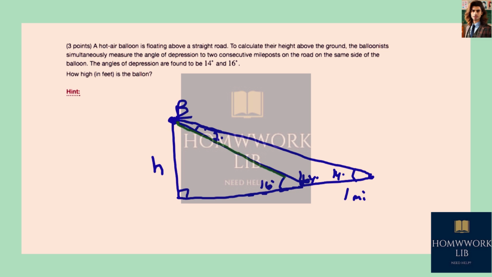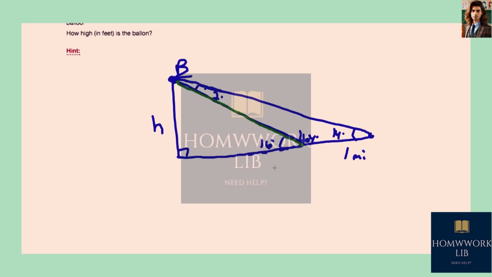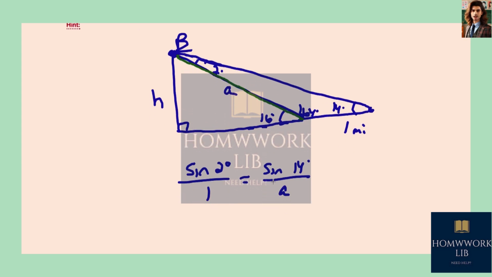We have an angle we need, and we can find, using the law of sines, that hypotenuse of the right triangle highlighted in green. The law of sines would say that the sine of an angle over its opposite side, 1 mile, would be in proportion to the sine of, let's use the 14-degree angle, over its opposite side. I'm just going to call this A. Cross multiply and divide by sine of 2.